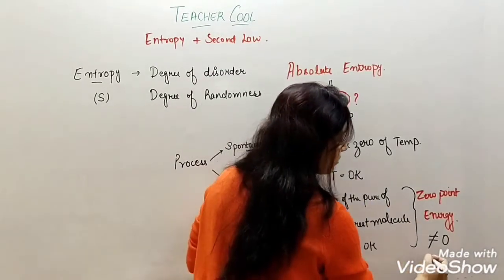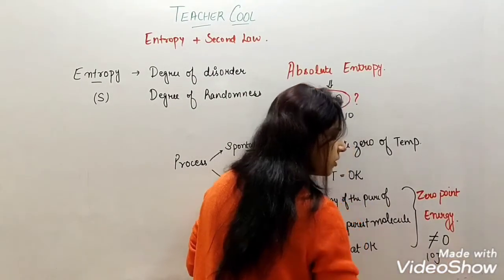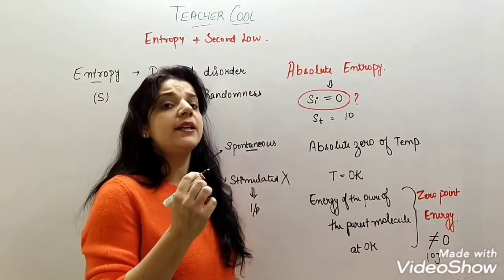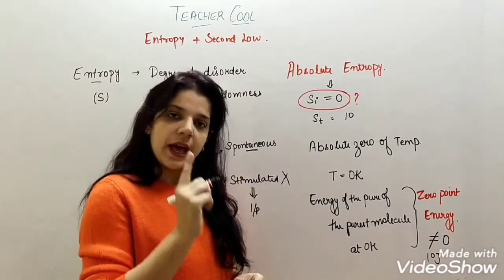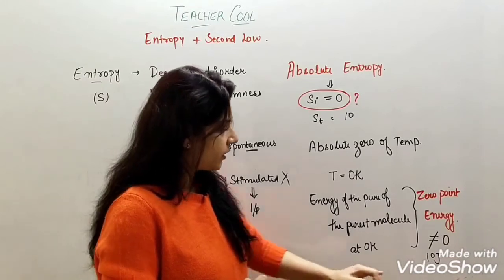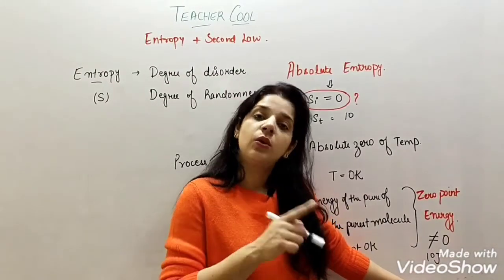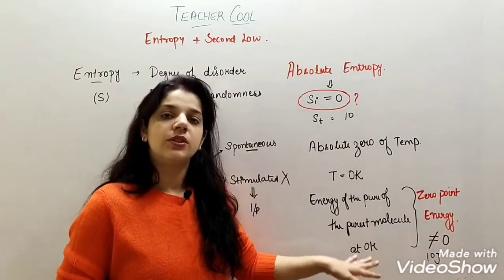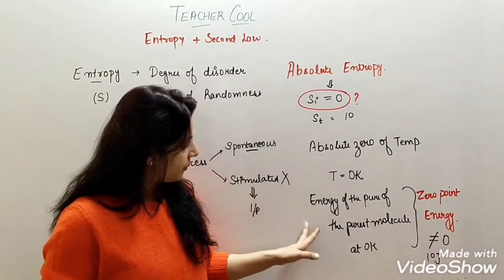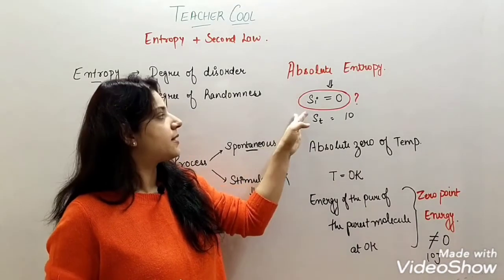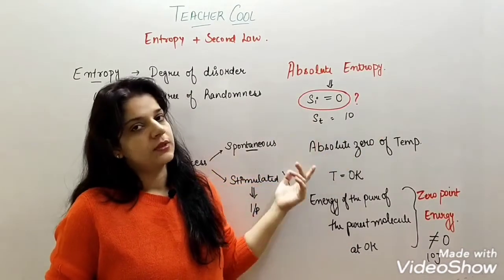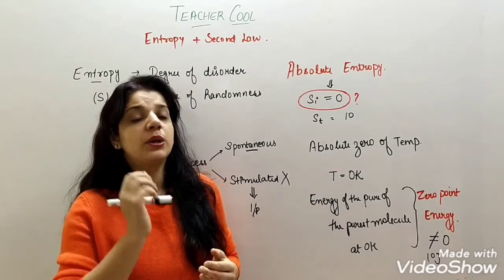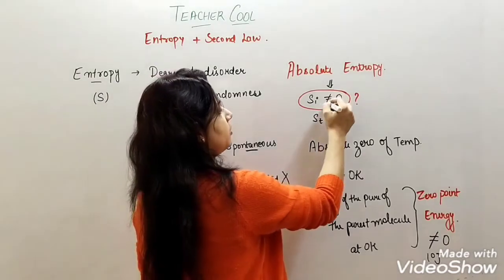It has say 10 joules or say 0.010 joules, but it is not 0. It has some minimum energy, which is the lowest energy a molecule can have even at the 0 Kelvin. And we come back to the conclusion, SI is not equal to 0. That means the entropy of any molecule can never be equal to 0.